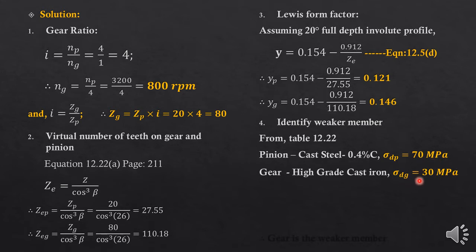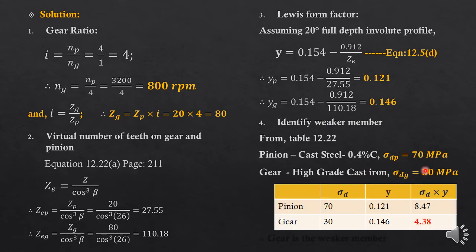Similarly, for gear, high grade cast iron, it is 30 megapascal. Therefore, you know the form factor and you know the allowable static stress. We can tabulate and obtain the product of sigma d into y. Now you see that the value is lower for gear. That means that gear is the weaker member. Therefore, all subsequent design calculations will be made for gear.